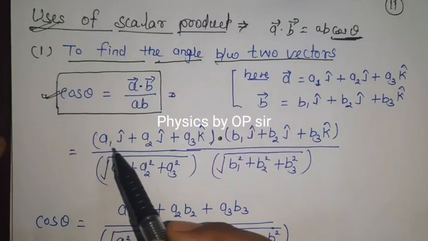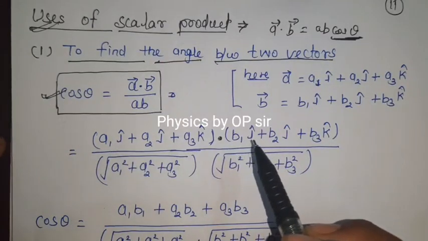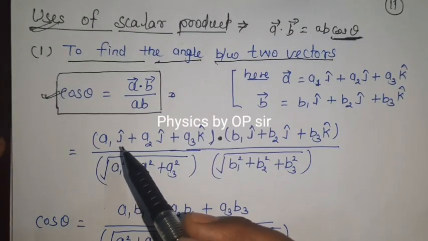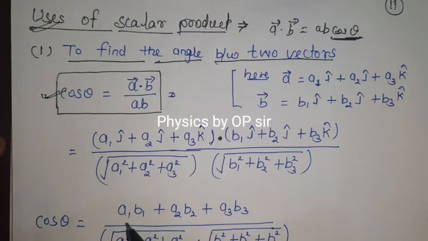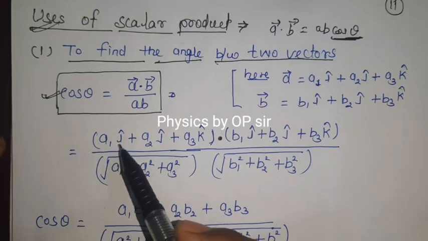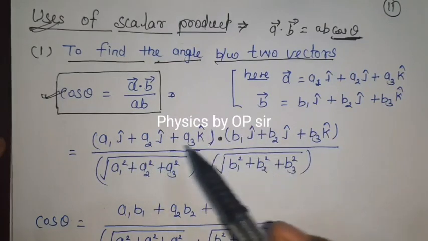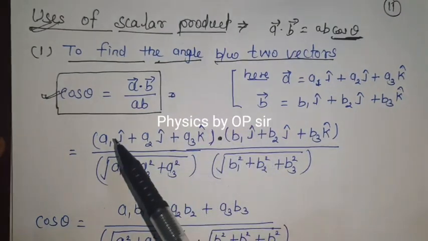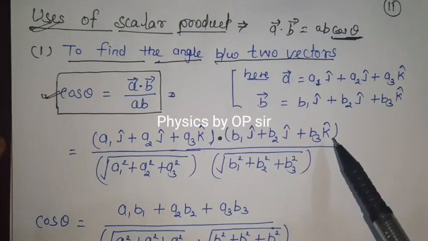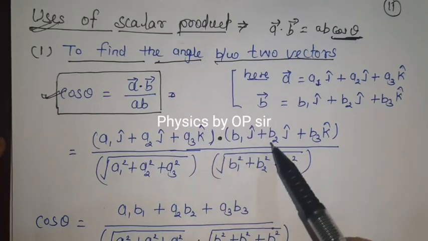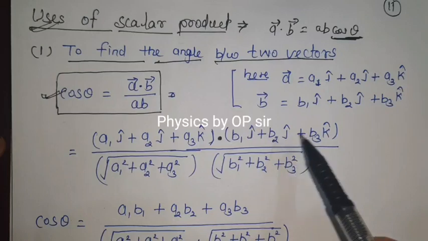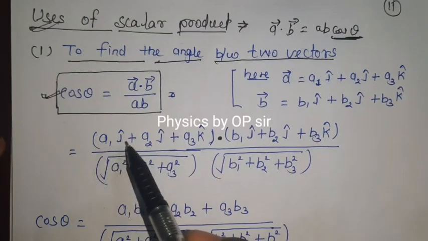See here, a1 i cap and b1 i cap: i dot i we have discussed, so the value comes a1 b1. a1 i cap with b2 j cap: the dot product of i and j is 0. Same here, the dot product of i and k is also 0. So the products of these two with a1 i cap are 0.